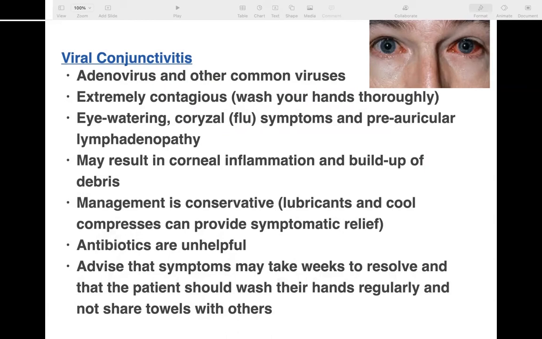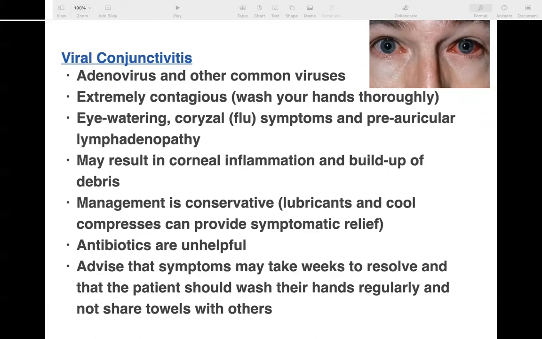So you suspect viral conjunctivitis associated with the cold or the influenza, or infection with adenovirus. Also, other viruses, like the cold or influenza viruses, could be a cause for viral conjunctivitis. Extremely contagious, so take care. You have to wash your hands thoroughly, you and the patients.